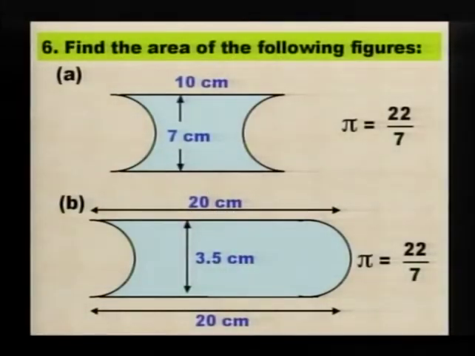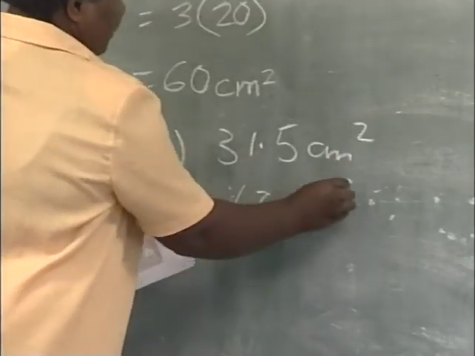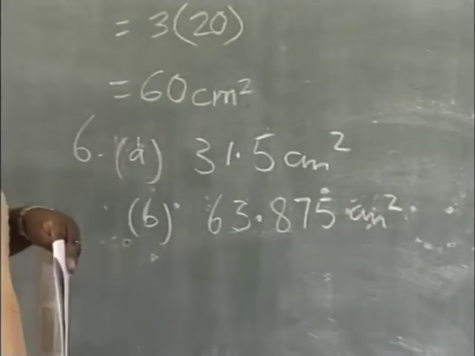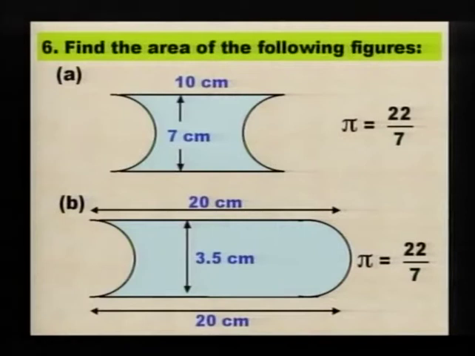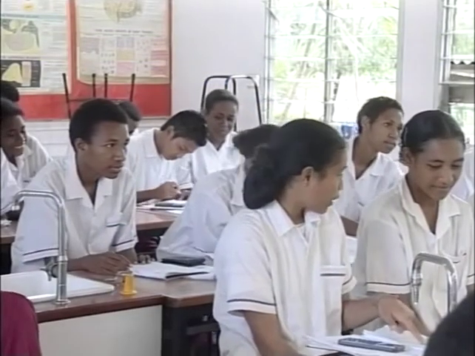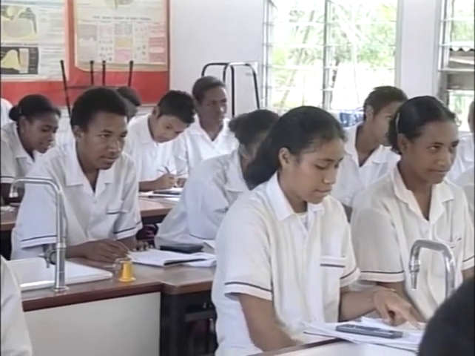All right, letter B, Vui. 63.875 square centimeters. 63.875. Do you all agree? Oh, I heard some people saying no. Who said no? Okay, what's your answer? All of you have 63.875. Okay, who's got a different answer?